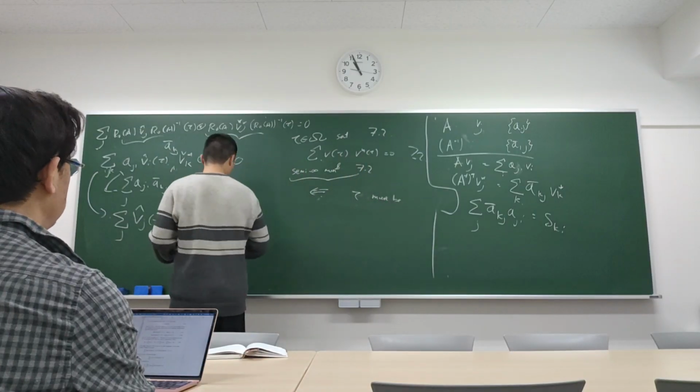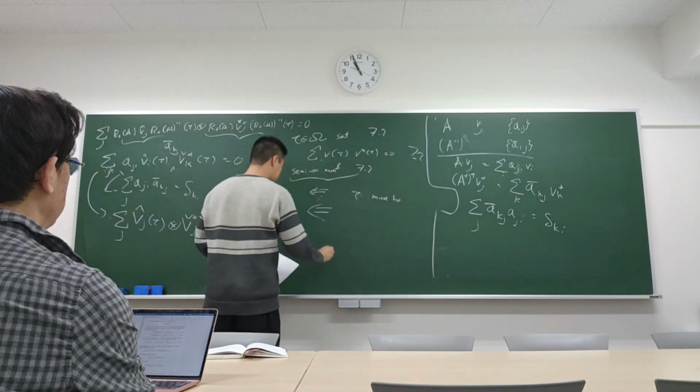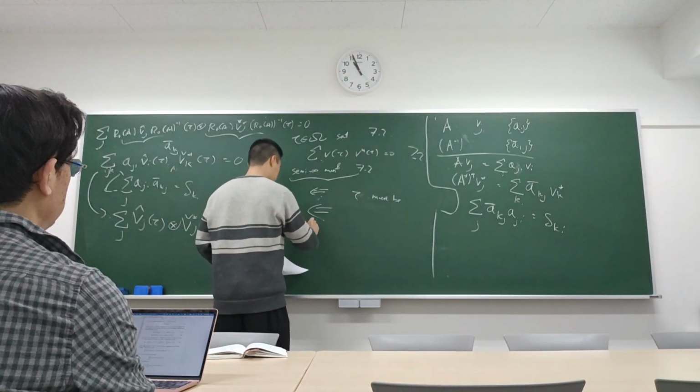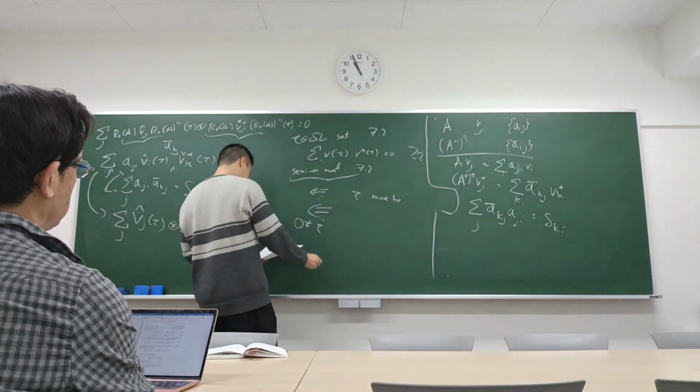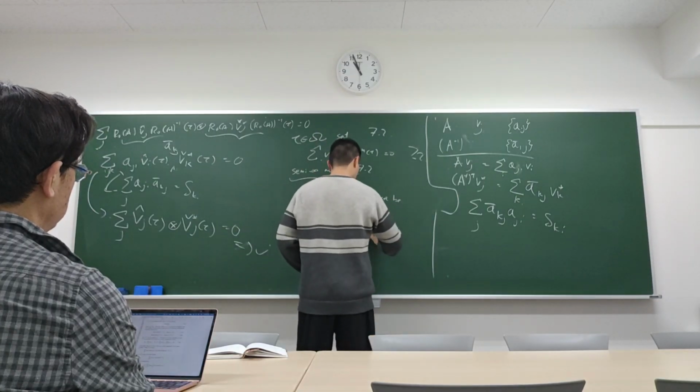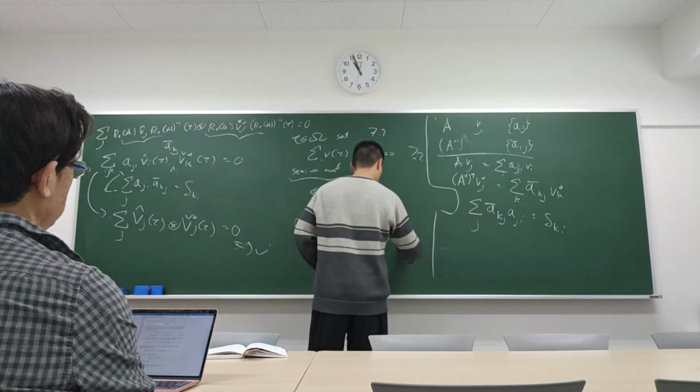Okay. So now let's move on with the proof in this direction. First, of course, we assume that one such tau exists, and we want to show that it is a semi-infinite monomial.